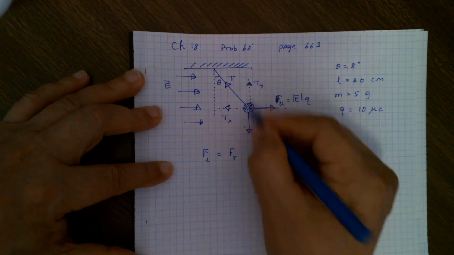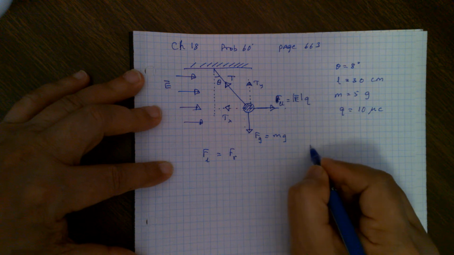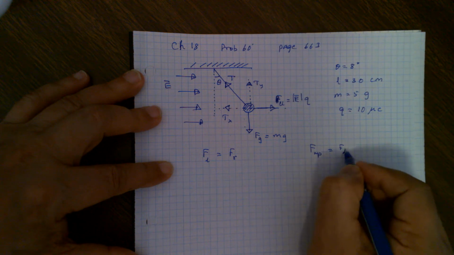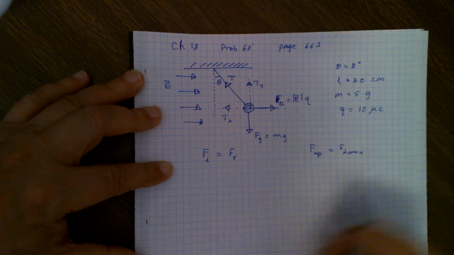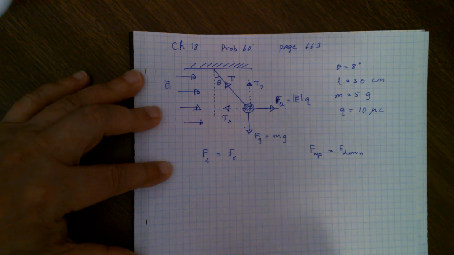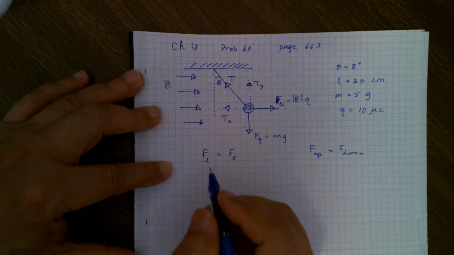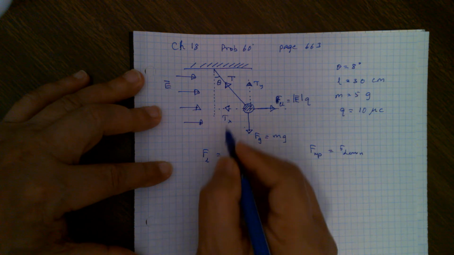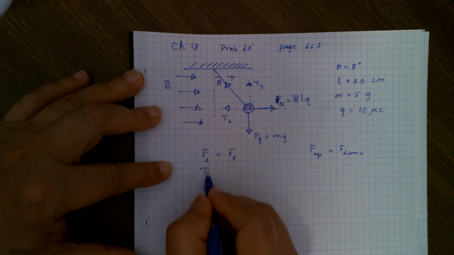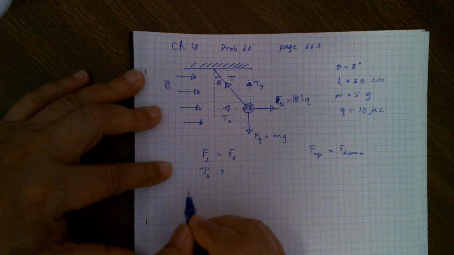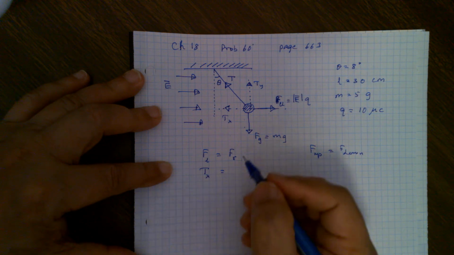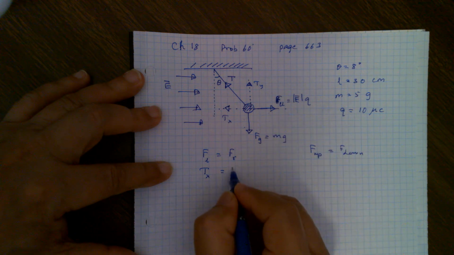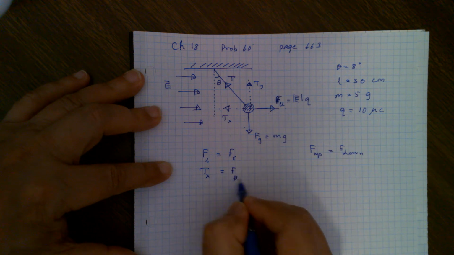And it's not moving up and down, so forces pulling up must be equal to forces pulling down. That's what we learned from mechanics, right? Or common sense. Now the force pulling to the left is obviously Tx and must be equal to the force pulling to the right, which is F electric.